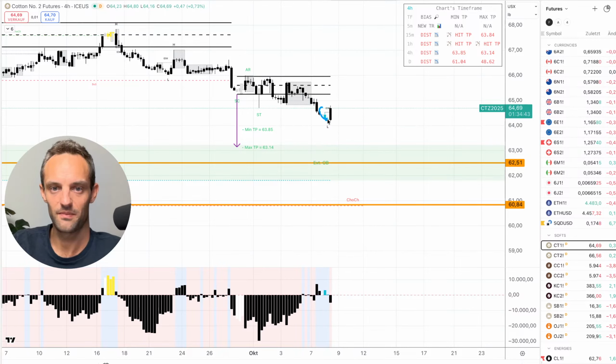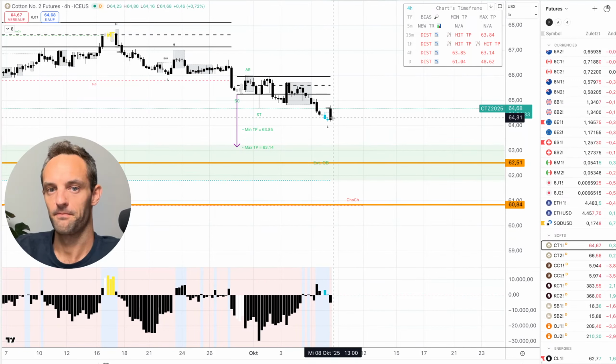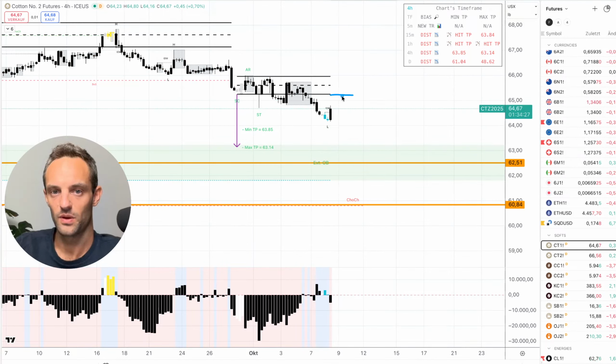We have some, it looks like absorption here, negative candles, but in a bullish area. But they can always come back. Only if we go back into this range, then I would think about long trades.